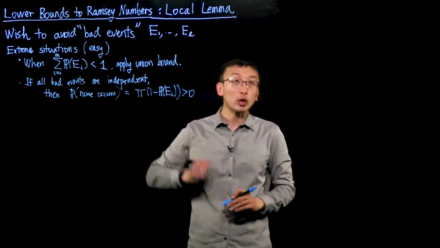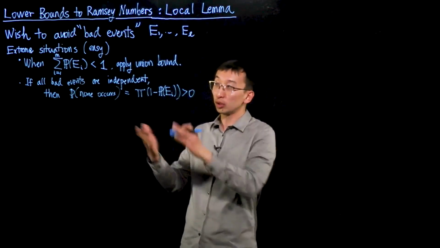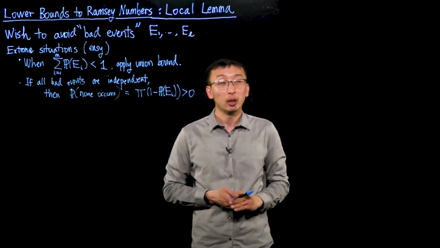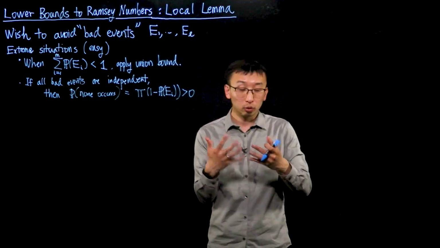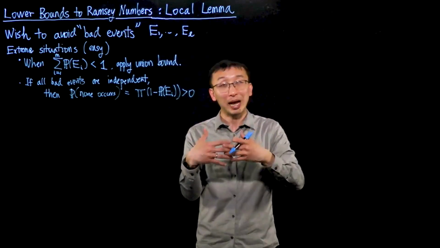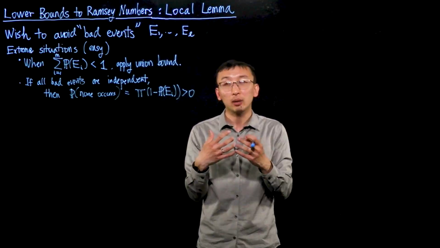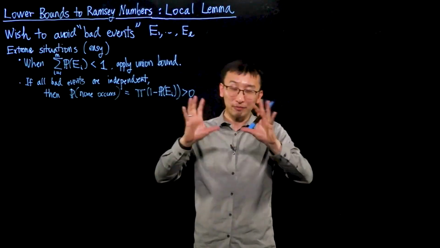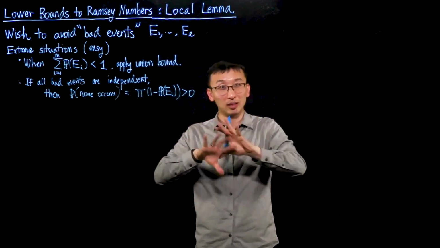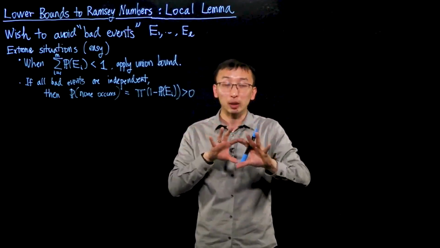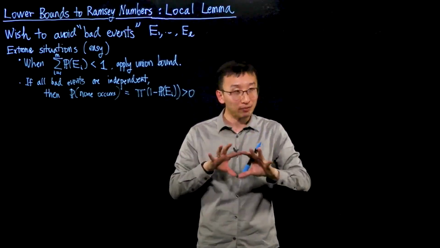Now, this situation typically is not the case in a lot of applications, including the one that we're considering. For example, if you have two cliques that intersect in some large portion, such as two triangles overlapping by an edge, then having them individually be monochromatic are not independent events.